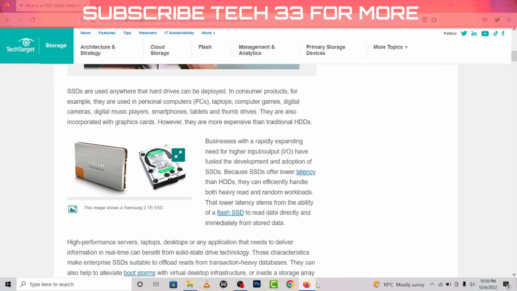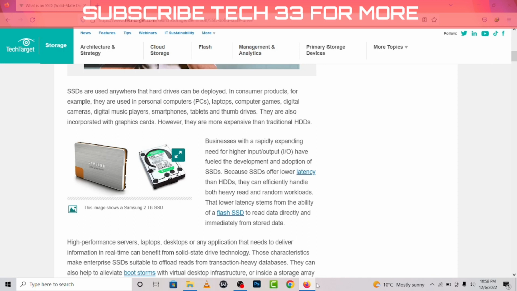So SSDs are used anywhere that a hard drive can be deployed. In consumer products, for example, they are used in personal computers, laptop computers, games, digital cameras, digital music players, smartphones, tablets, and thumb drives. They are also incorporated with graphic cards, however they are more expensive than traditional HDDs.